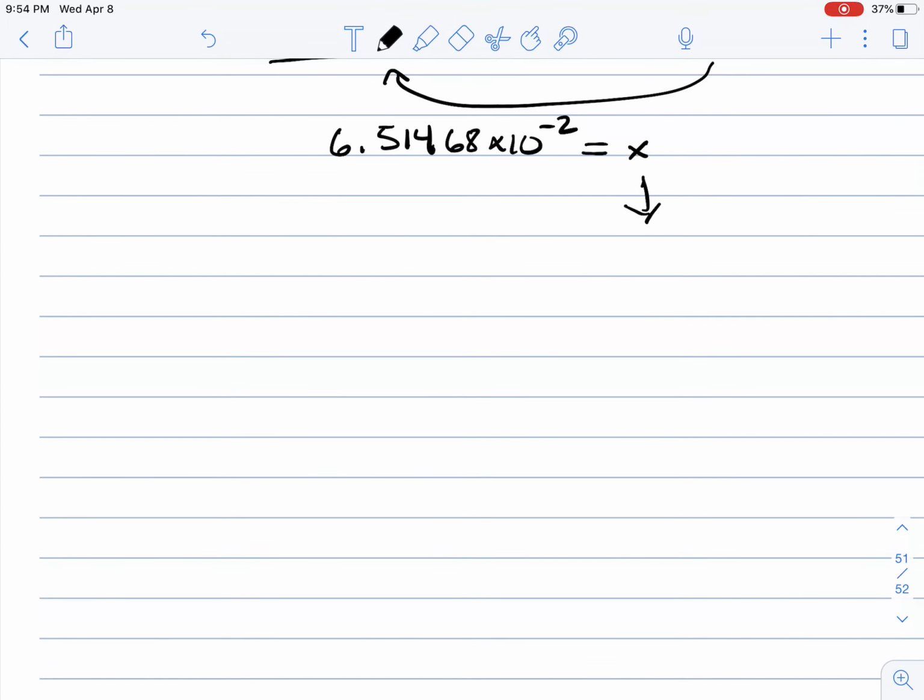And so x is going to represent the moles of H plus, which originally came from hydrochloric acid. And since that value is 6.51, I'm going to start using 3 sig figs: 6.51 times 10 to the negative 2.